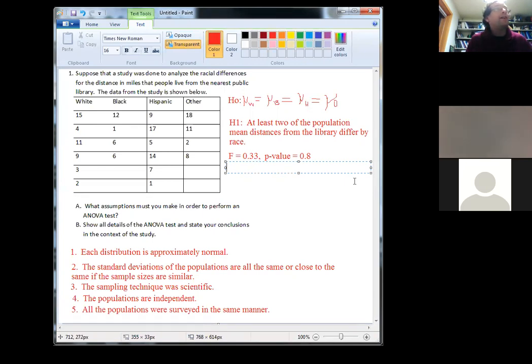So, Josephine, you get to start, but then let's hear the rest. Josephina says there's no significant evidence, but let's hear some more. Looks like she's typing some more. And you should all be typing, by the way, not just Josephina.